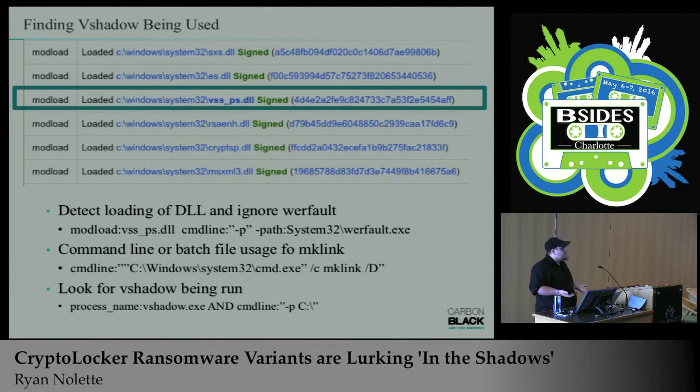Well, we can look at the DLL that it loads when VSSAdmin runs. VSSAdmin can get used in different queries, in various different uses, but vss_ps.dll is only used when VSSAdmin is executed. So that's one of the first things I started to look for. Set this alert, see when it executed and how it's executing.